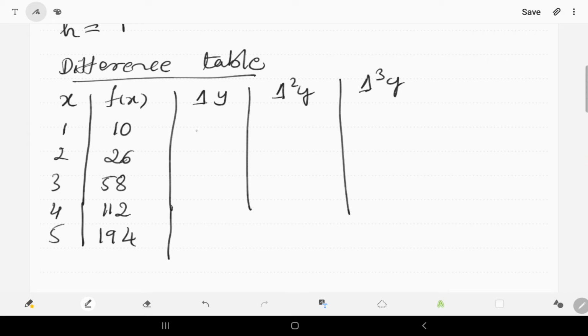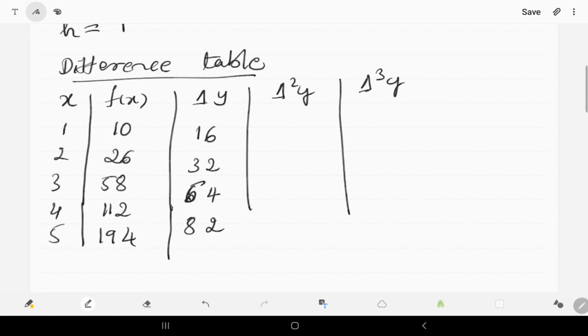So delta y is 16, 32, the difference 112 minus 58, that is 54, 194 minus 112, 82.